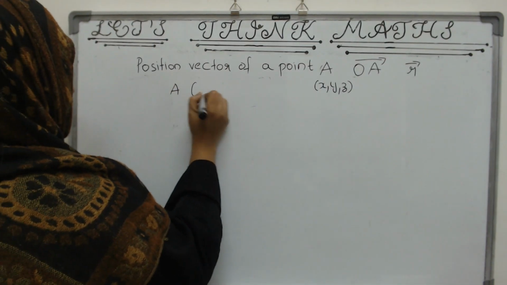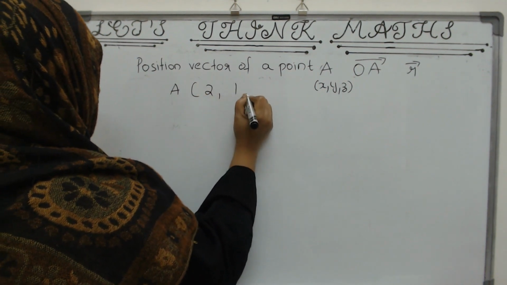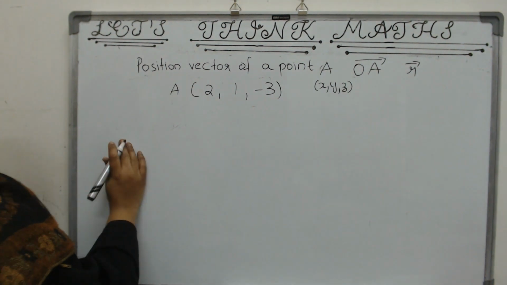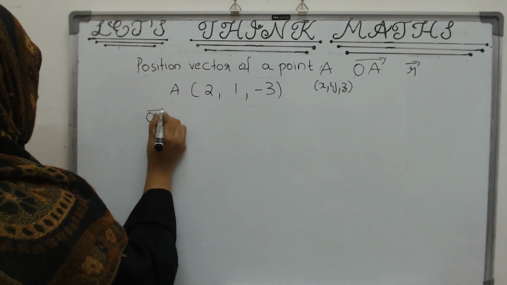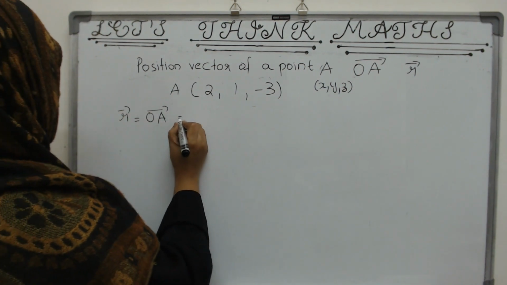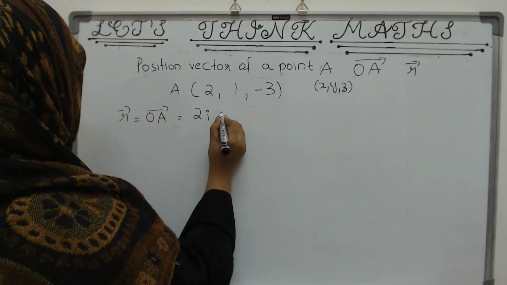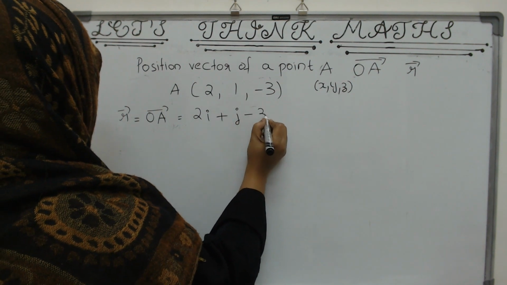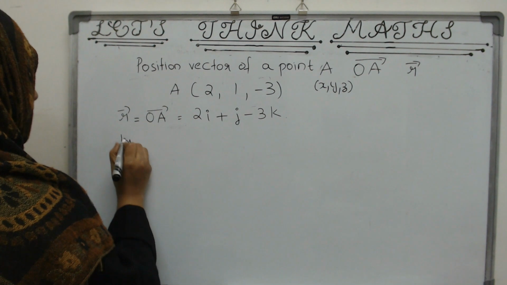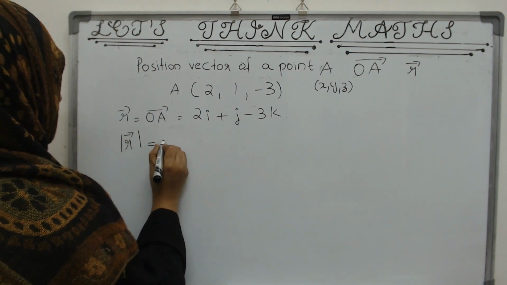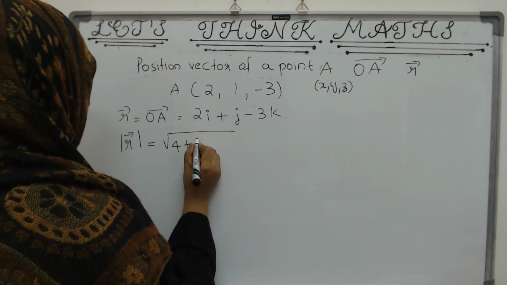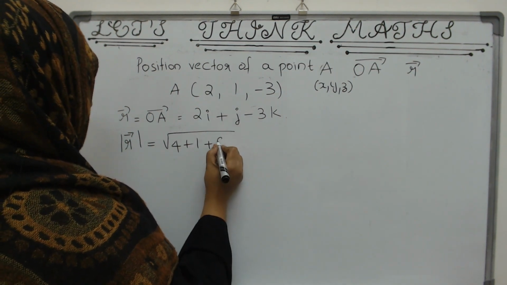Consider a point, say 2, 1, minus 3. So this is a point. What is its position vector? Let us call it r. Its position vector is 2i plus j minus 3k. What is its magnitude? Its magnitude is represented by the square root of 2 square, 4, 1 square, 1, minus 3 square, 9.